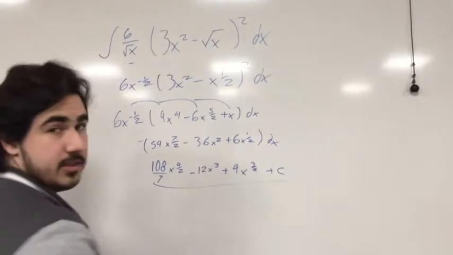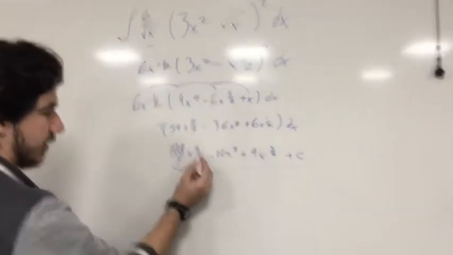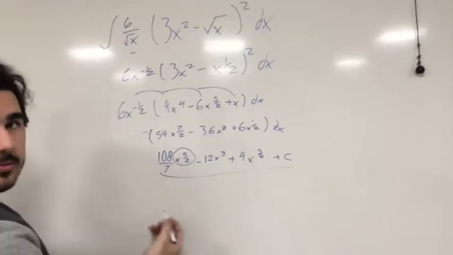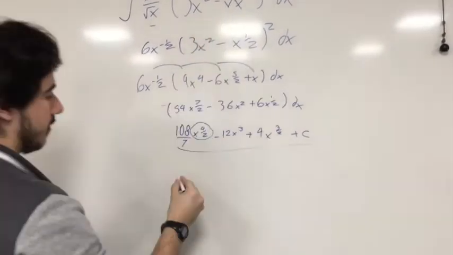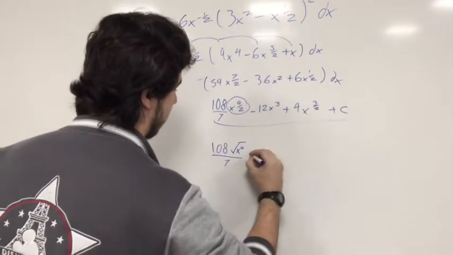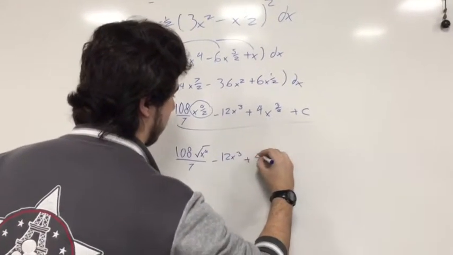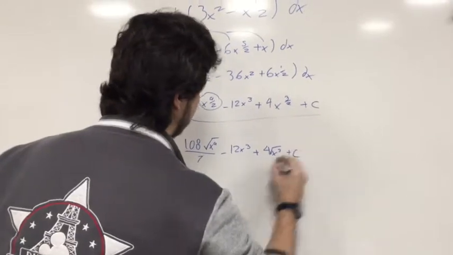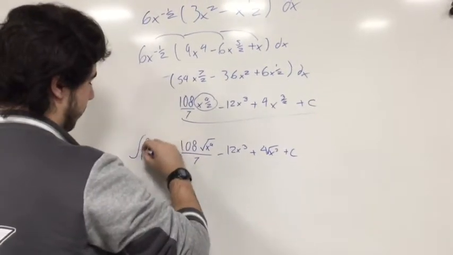If you leave the answer like this, it will be wrong, because you cannot have this. You need to rewrite it so it would end up like this. And remember to use proper notation.